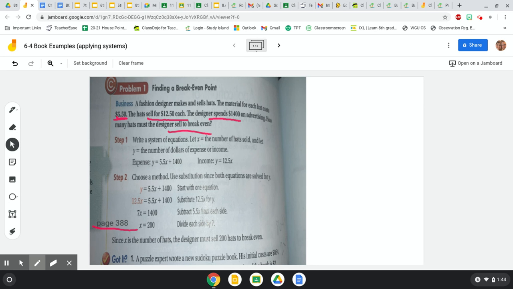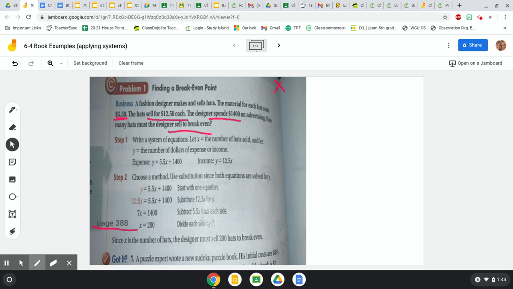You're going to do the same process as you do with any other applying systems kind of problem. So, first step is to define your variable. You can see that in their first step, they also did that. So we're going to stick with what they have.